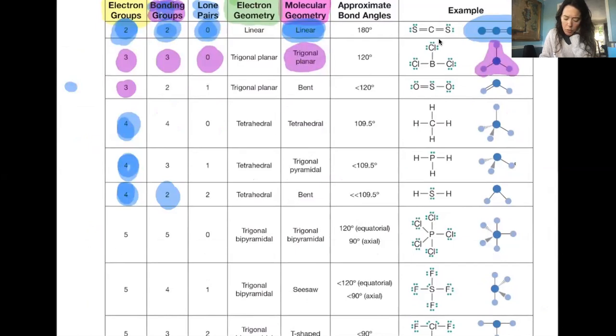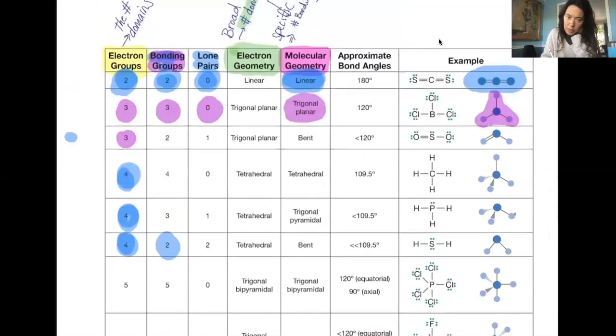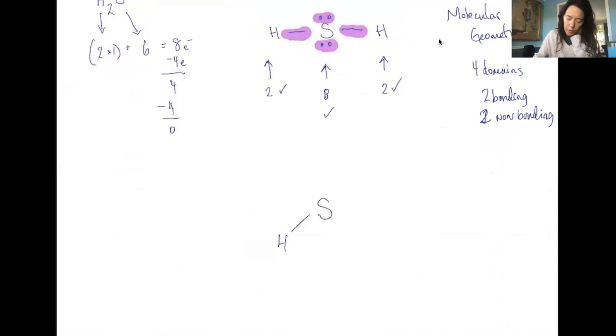So this molecule will be bent and it will look like this. We're going to take what we drew and redraw it in a bent geometry, because it will really be S with the H's bent down and 2 lone pairs on top.